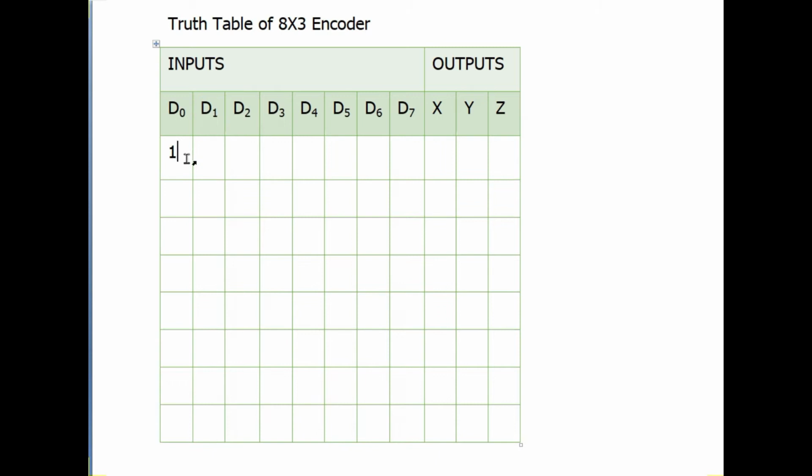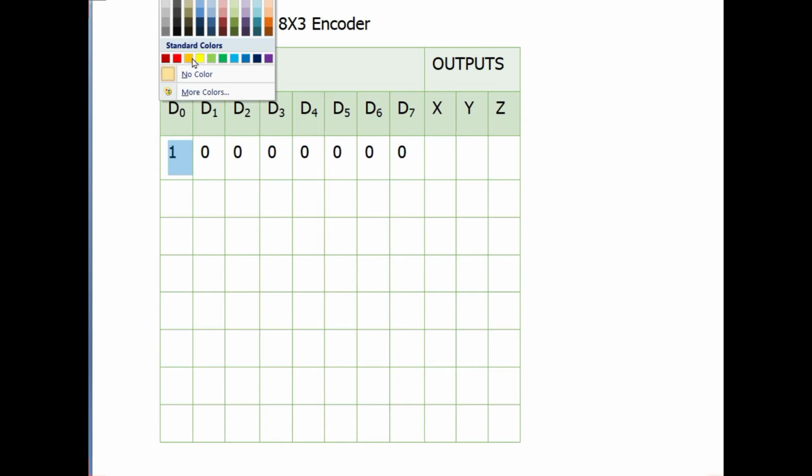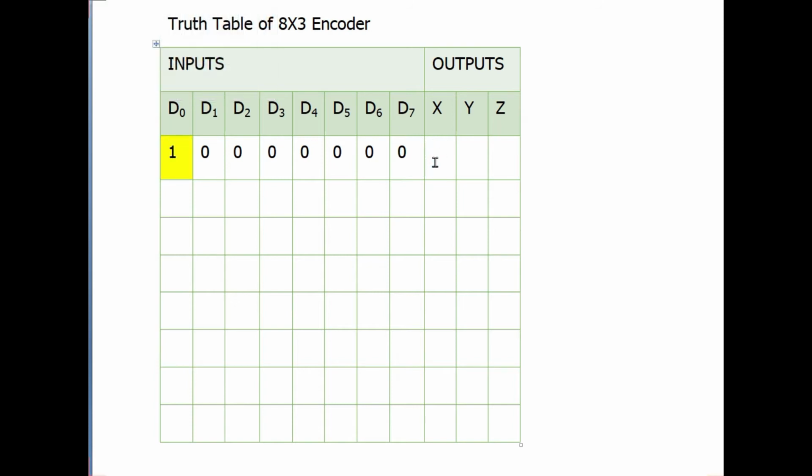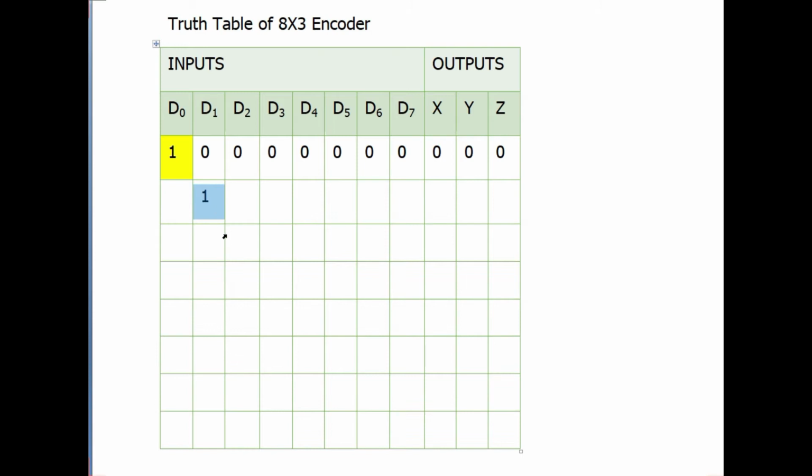When one input receives 1, the remaining inputs will be 0. Now this D0 will be encoded as its equivalent binary value, 0, 0, 0, and it goes on like that. Similarly for the next case, suppose D1 receives input, the remaining inputs will be 0.